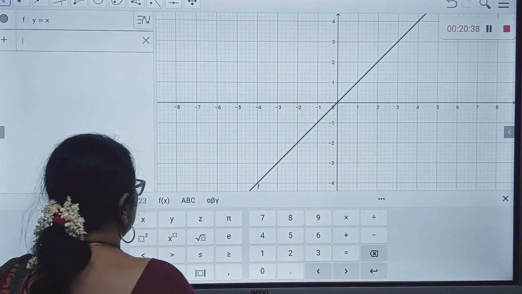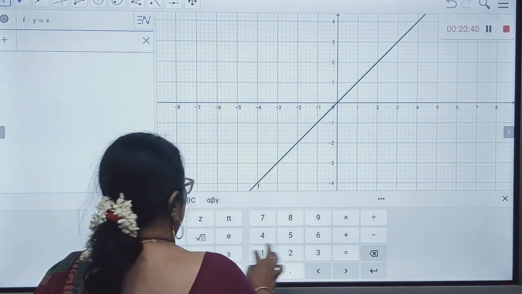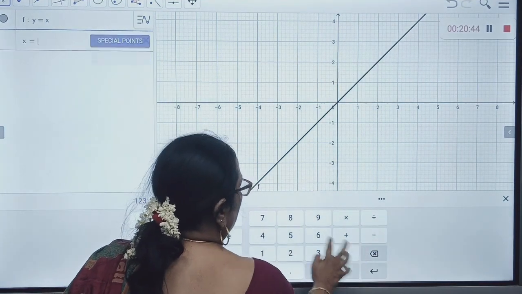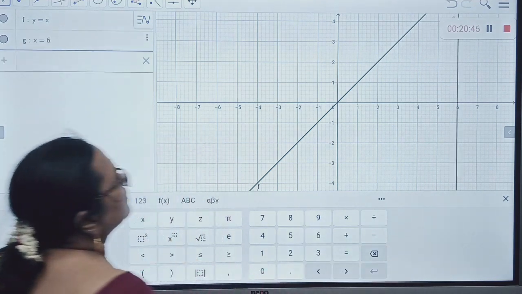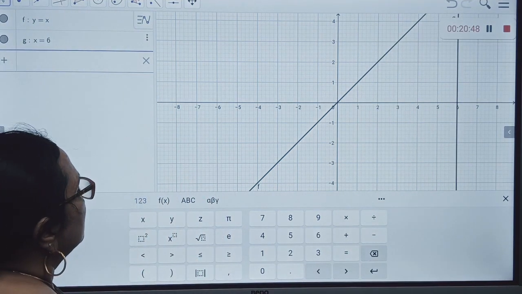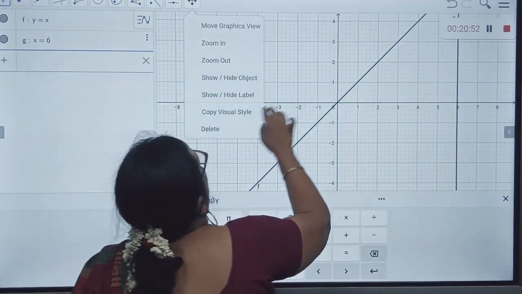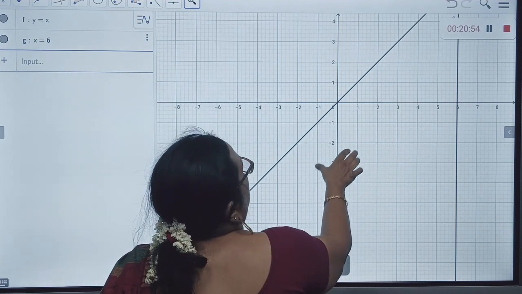And I have x equal to 6. Okay. Now I can use this and zoom in.